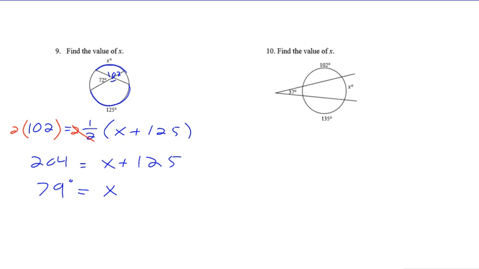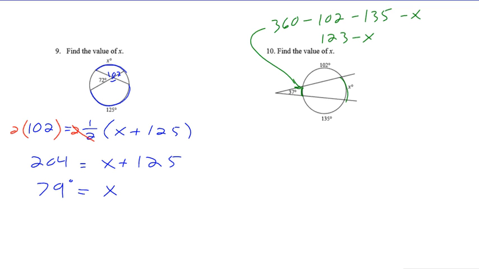I don't know what this arc is or this arc, but I can tell what the smaller arc is in relationship to the big one. So this arc right here is the full circle, taking away the 102, taking away the 135, and taking away the x, which when you simplify it becomes 123 minus x.